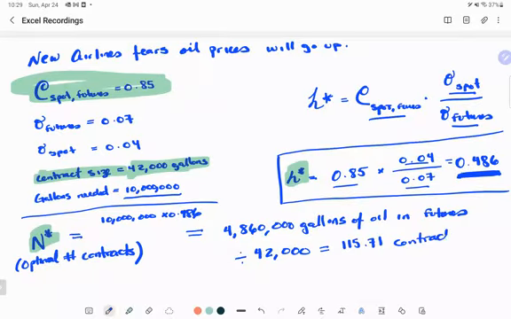And there is one important thing: you cannot buy 0.71 contracts, so then you would change this to 116 contracts. You may as well change it to 115, right?